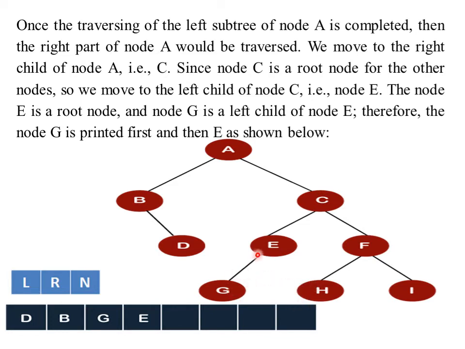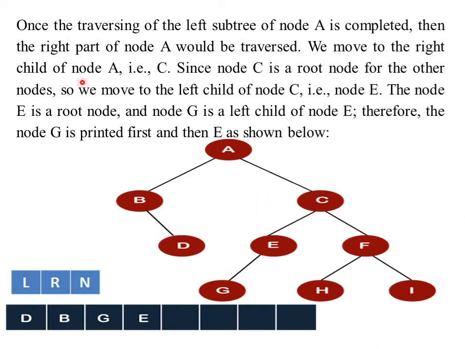After G it will move to E, and that is over. Once the traversal of the left subtree of node A is completed, then the right part of node A is traversed. What is that? It is C.